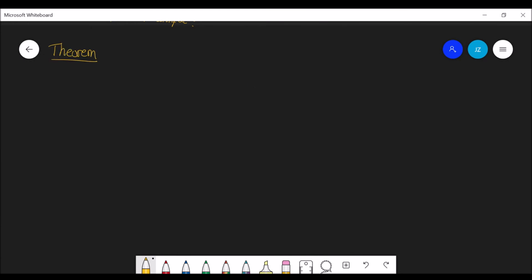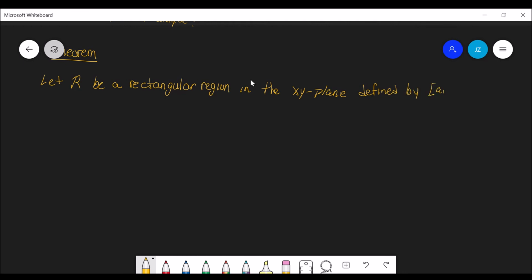And this theorem will be offered without proof. So we let R be a rectangular region in the xy plane that is defined by [a, b] cross [c, d].